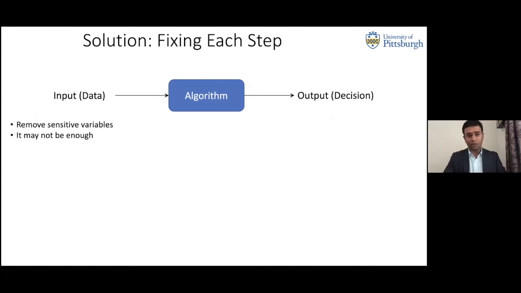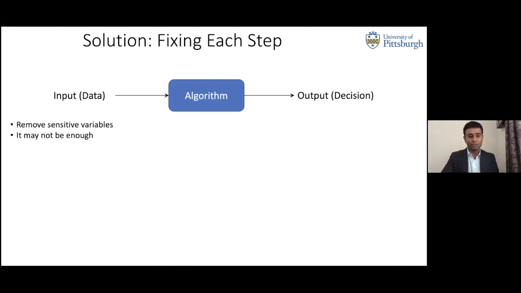First, let's talk about how to fix the input. For example, one way to fix the input is that you can simply remove the sensitive variable. You can remove the gender variable, you can remove the race variable and all that. But by doing that, you don't ensure that bias will go away, because even if I don't give you my gender information, but I give you 100 other attributes, using those 100 other attributes, you can pretty much very confidently find out what my gender, my race, etc. is.